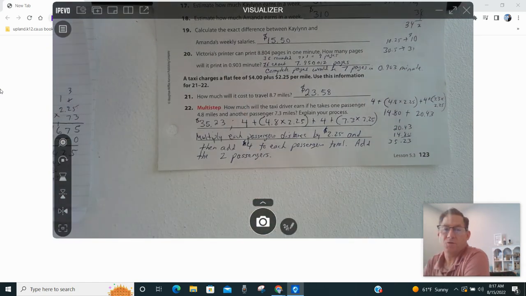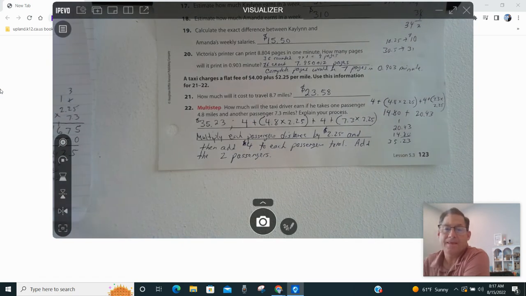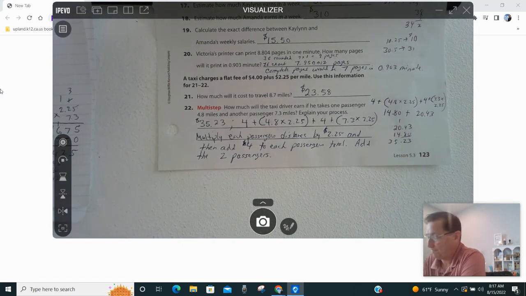So basically what I did was multiply each of the distances by 2.25, and then I added $4 for each passenger. And then I added the two passengers' totals.